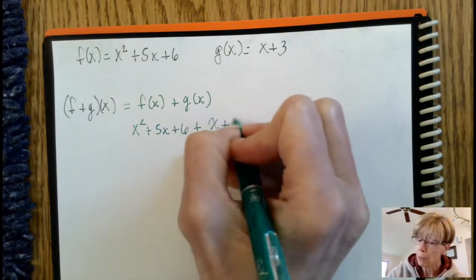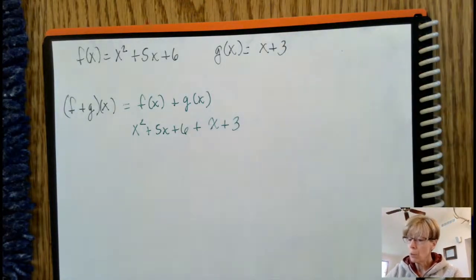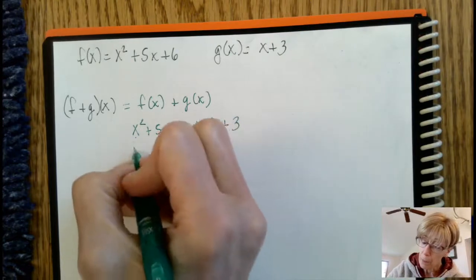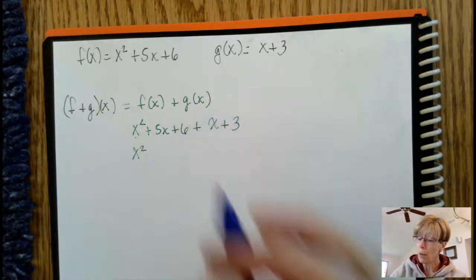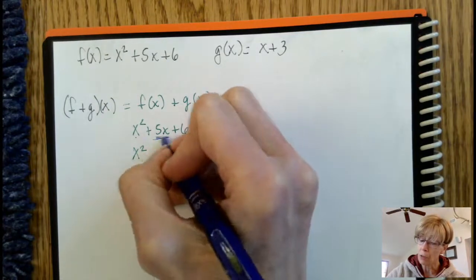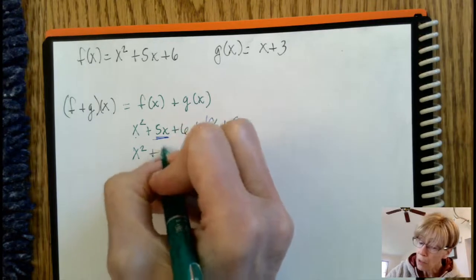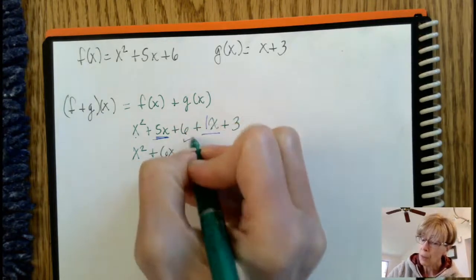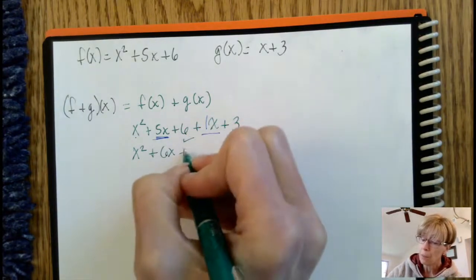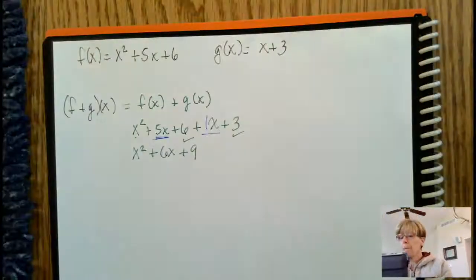When we look at our like terms, we don't have anything alike with x squared, but we do have a 5x and a 1x. So it's plus 6x, and then we have 6 and 3, which is 9. So if we go back to Edmentum here, and we look at x squared plus 6x plus 9, there is an answer right there.